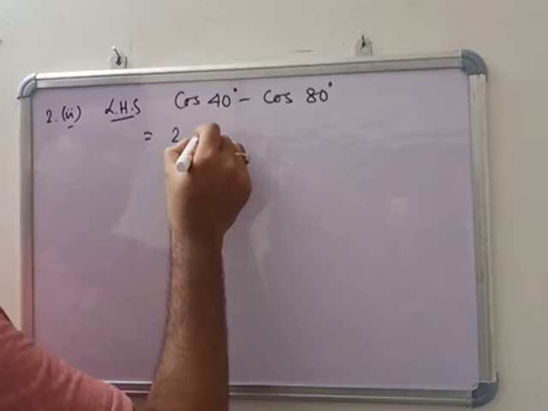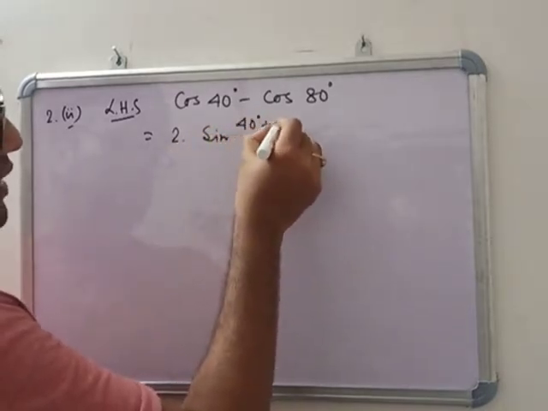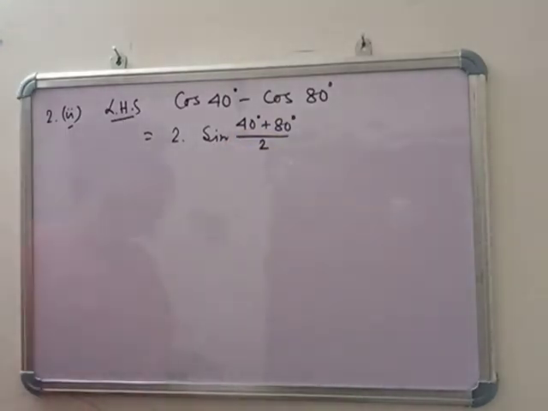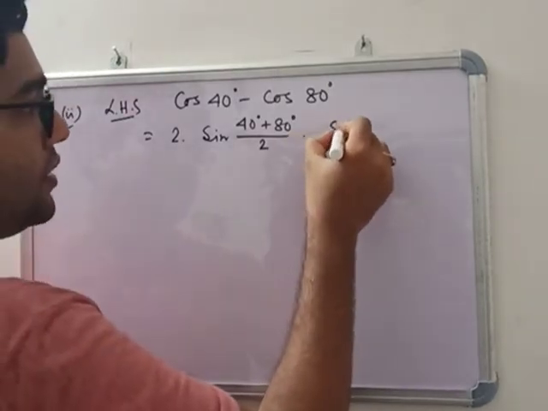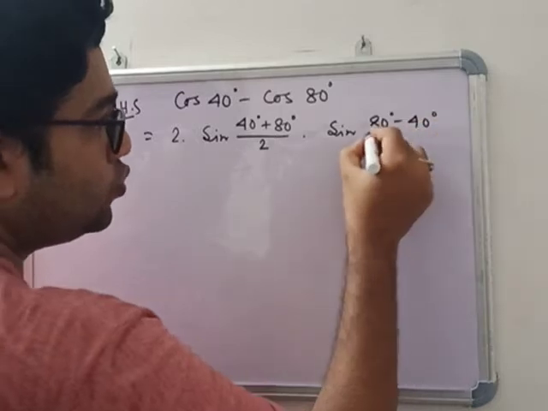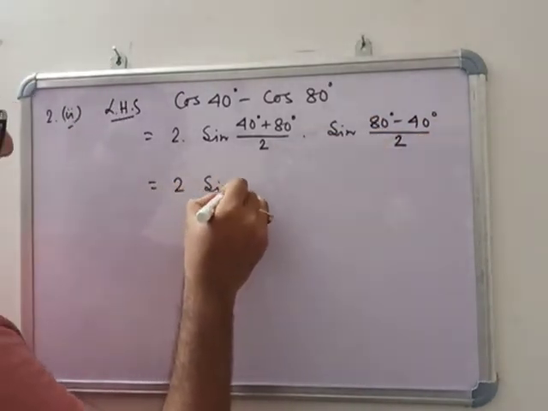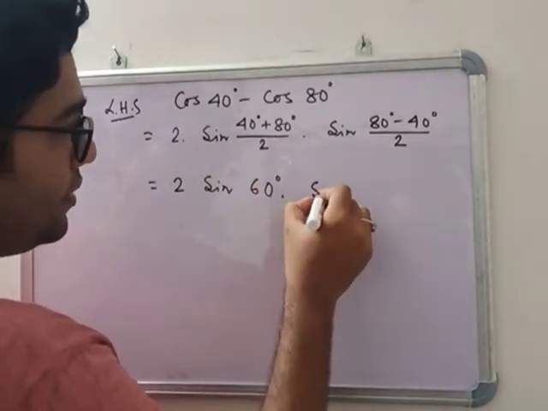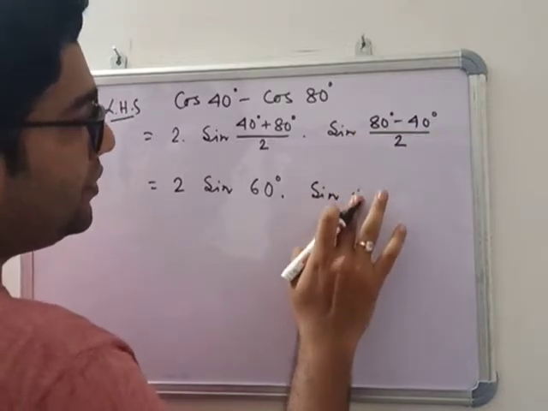So 2 sine of 40 degree plus 80 degree by 2, that means 60 degree, into sine of 40 by 2, that means 20 degree.